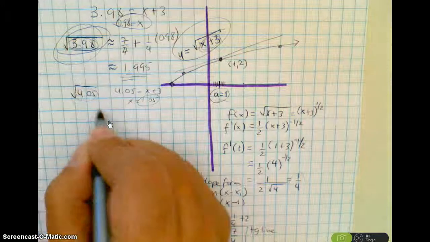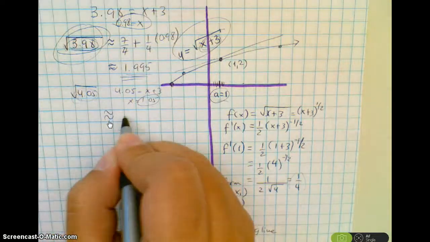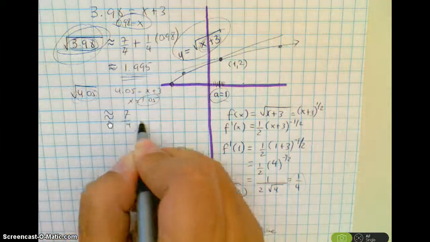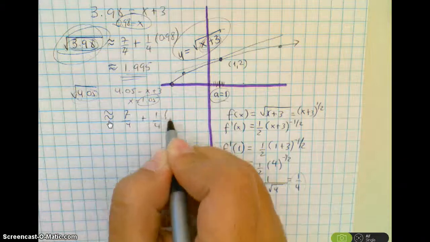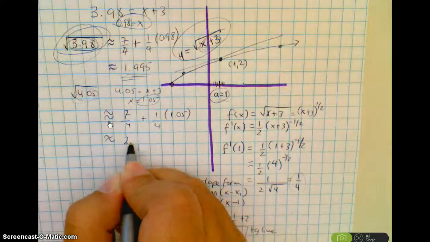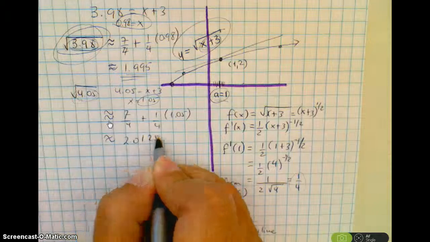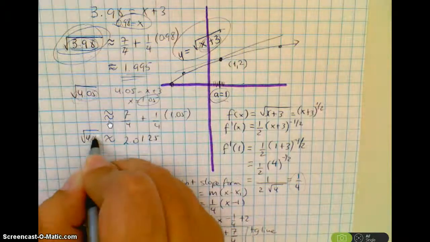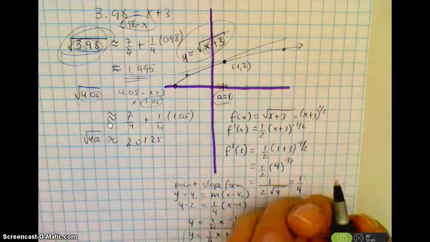So the square root of 4.05 is about, again, 7/4 plus a fourth of that x, 1.05, and that is about 2.0125. So the square root of 4.05 is about 2 as well.